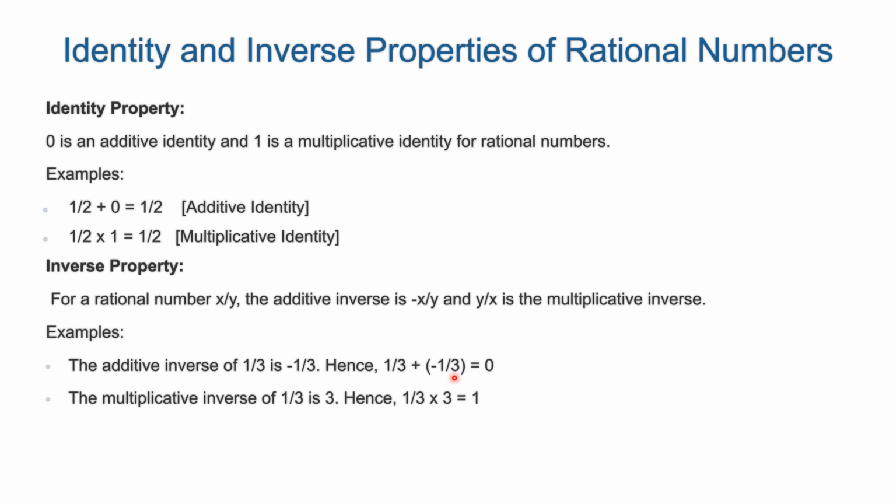If we add the additive inverse to the rational number, the result is 0. When we multiply the multiplicative inverse with the given rational number, the result is 1. So for additive inverse, just change the sign. For multiplicative inverse, just take the reciprocal.